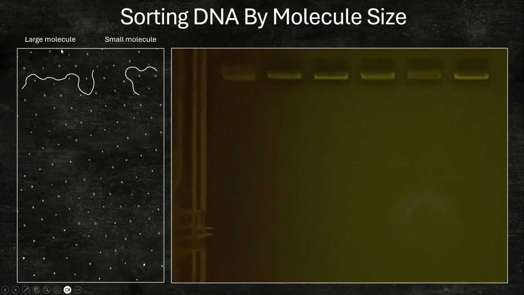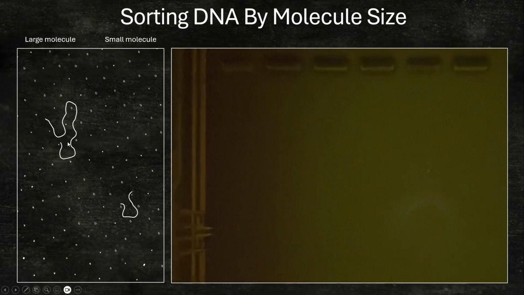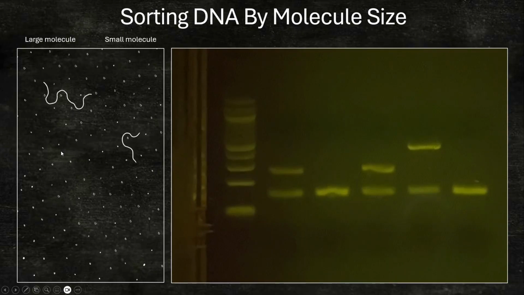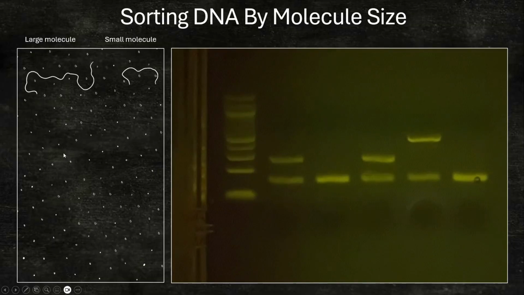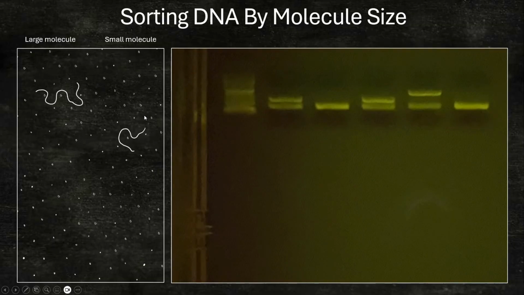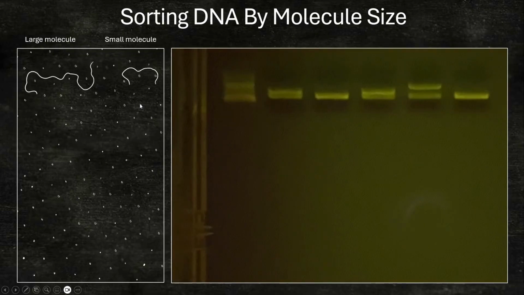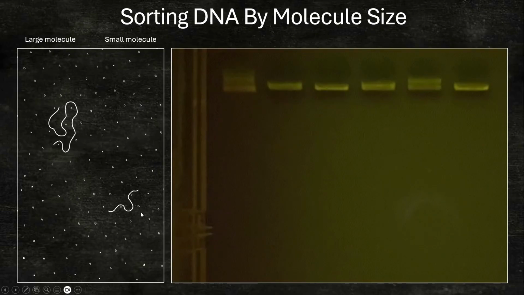Larger molecules are tumbling through these tiny pores in the gel, but because they're so large, they can get tangled up a lot in different places, and so they are slower to move along that path. However, smaller molecules, because they are simply smaller, get tangled up less, fit more easily through these different pores, and so they travel faster.